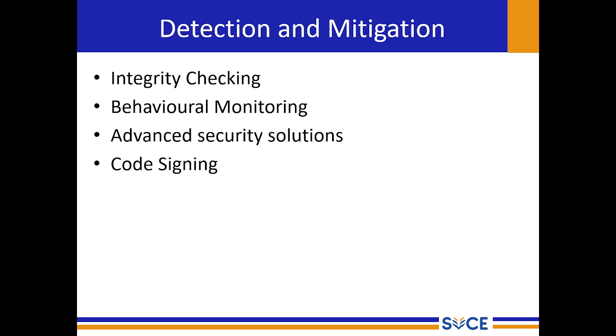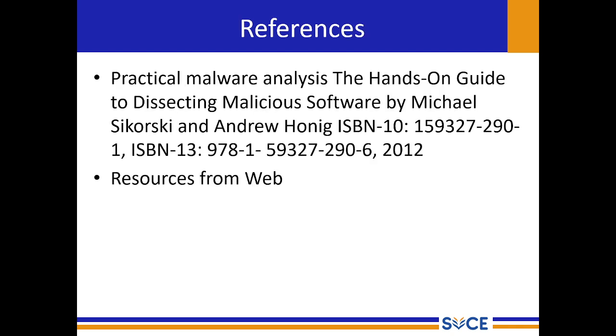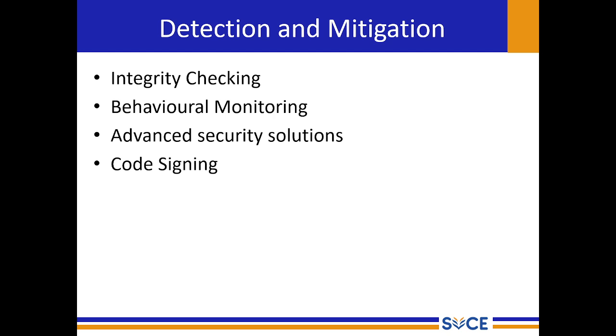Now the detection and mitigation strategies. Inline hooks can be detected by integrity checking. Regularly checking the integrity of critical application functions and memory can help detect unauthorized modification. Then behavioral monitoring: checking applications for unusual behaviors or any unexpected calls helps identify the presence of inline hooks.